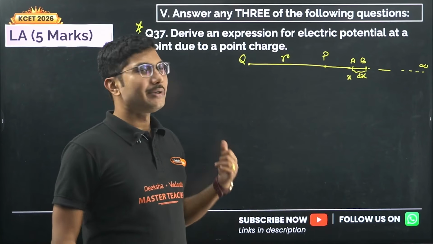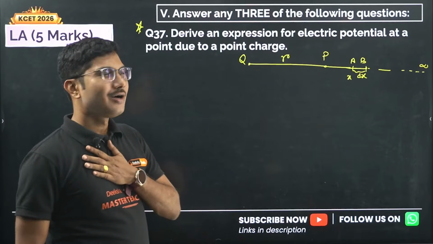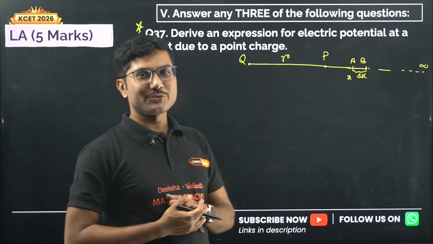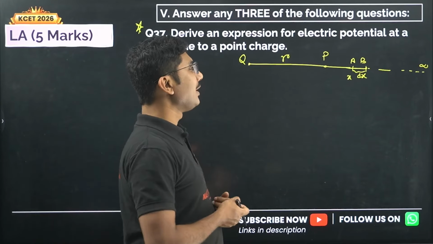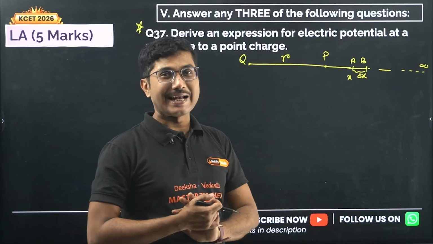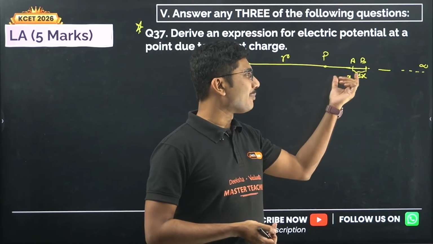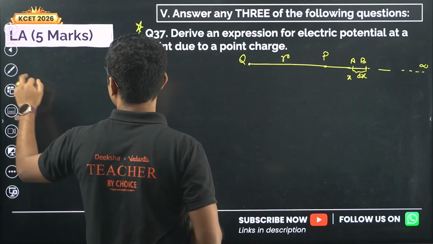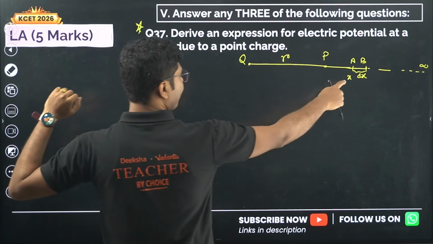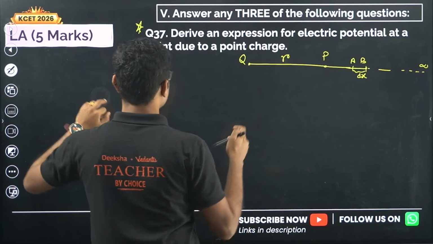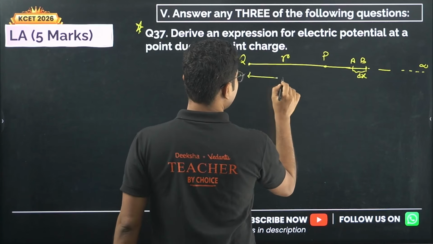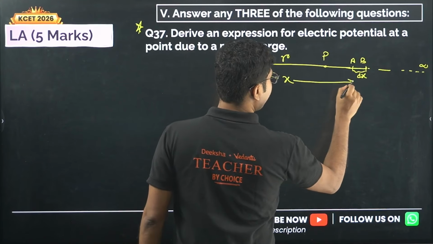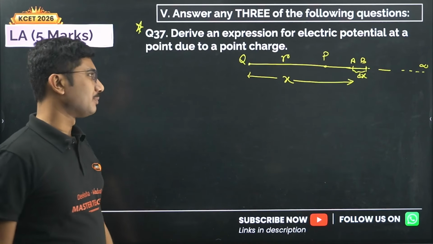But we are smart, from a smart class of students, so we will not deal with infinity directly. We will take some point which is finite, at a distance x from this charge.